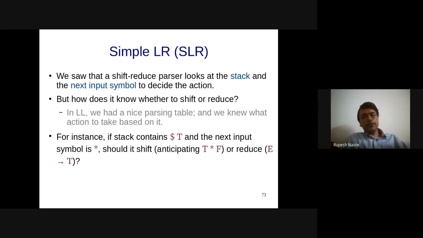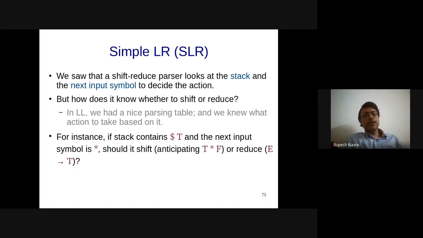For example, if the stack contains $T, where dollar is the bottom of the stack and T is at the top, and the next input symbol is star, should that be shifted for T star F, or should that be reduced anticipating E deriving T?